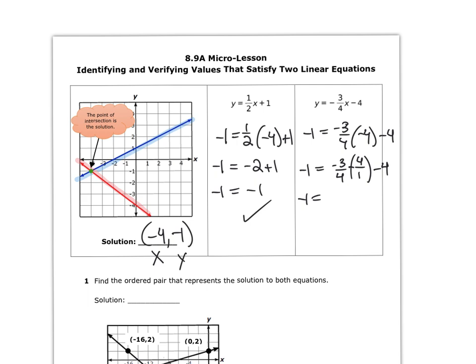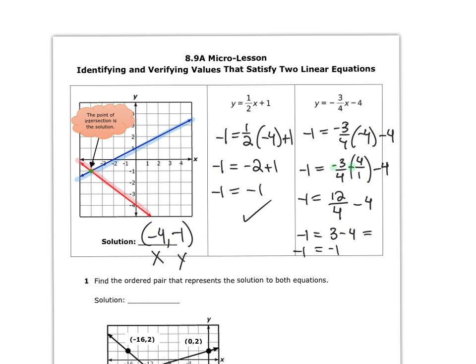So -1 equals, let's multiply our fractions. -3 times -4 is a positive 12. And in my denominator, I have a 4. And just checking, I have a negative and a negative here, so my product there should be positive. Okay, so 12 over 4 minus 4, that's -1 equals 3 minus 4, and that equals -1.